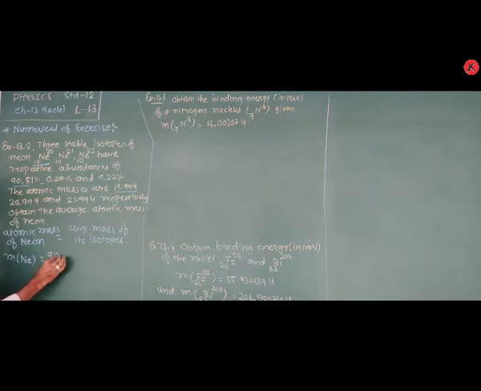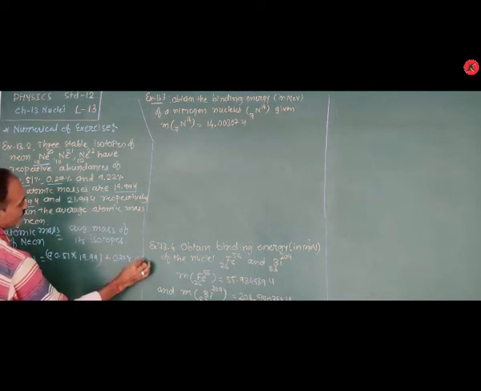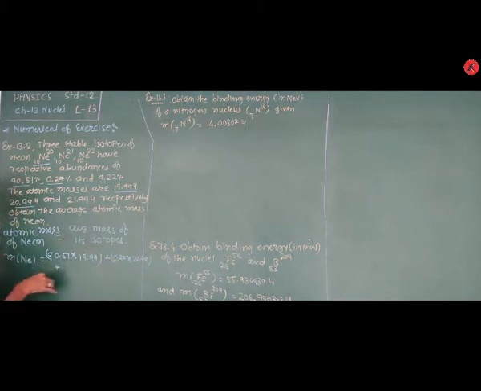Therefore, 90.51 multiplied with 19.99, plus the second isotope, the proportion is 0.27 and its mass is 20.99, plus the third isotope neon 22, the proportion is 9.22 and its mass is 21.99, divided by the total abundances 90.51 plus 0.27 plus 9.22.